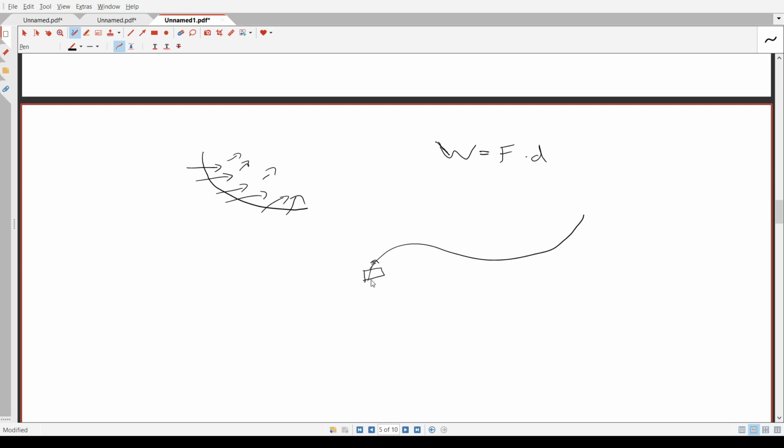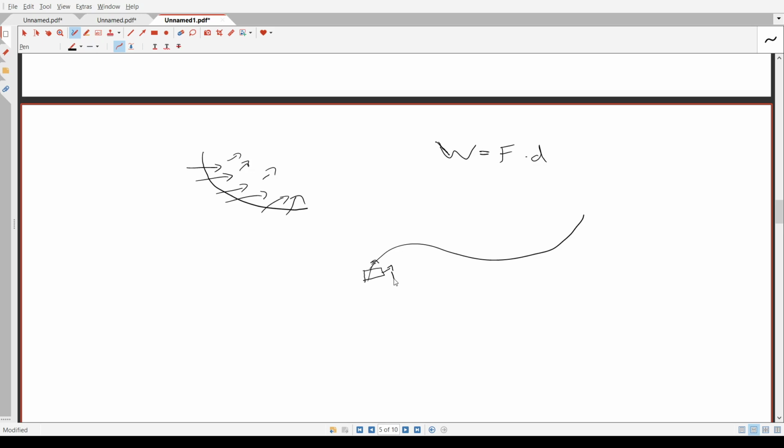But maybe I'm always pushing it in that direction, or it needs a little bit of an upward component. Maybe I'm not actually pushing it along that line, but at a slightly different angle.